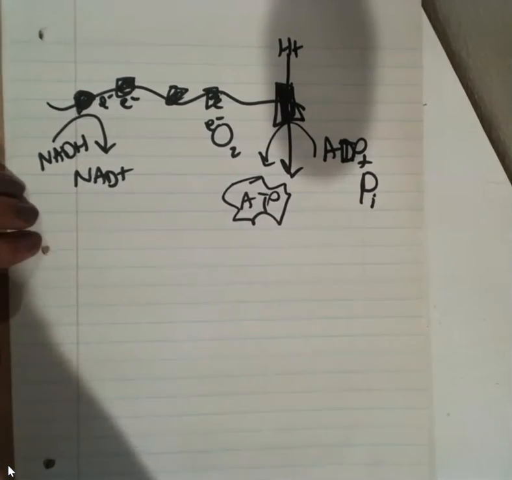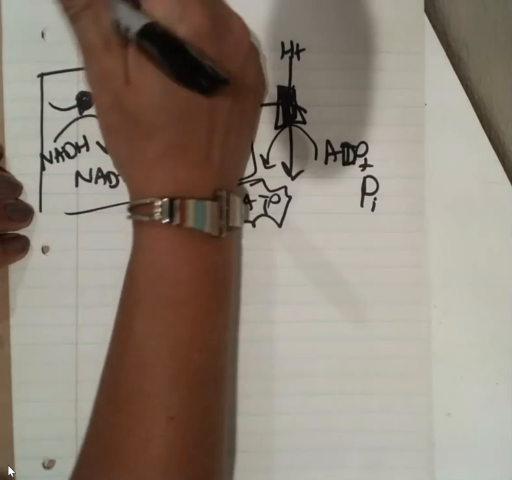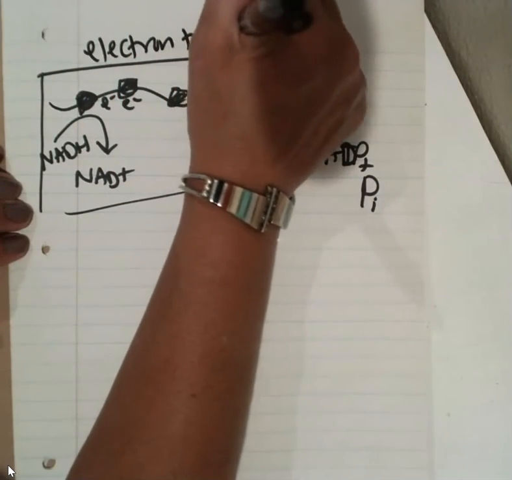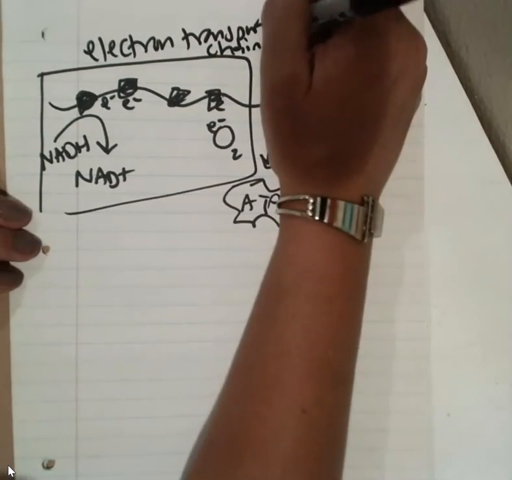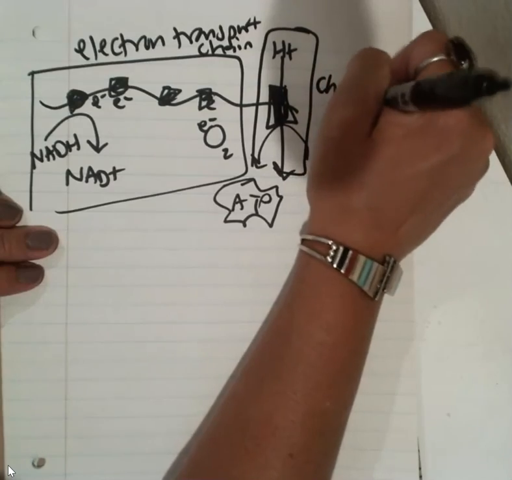Right? So we have two different things happening here. This area is called the electron transport chain, the ETC. And then this part, the diffusion of ions, is chemiosmosis.